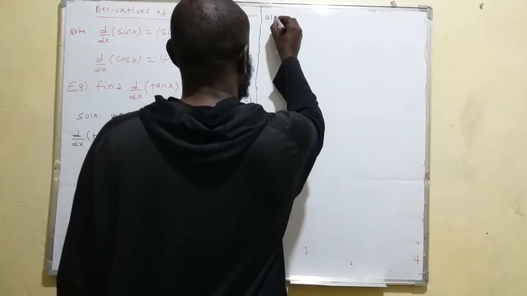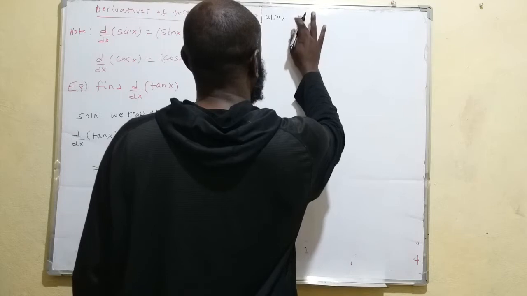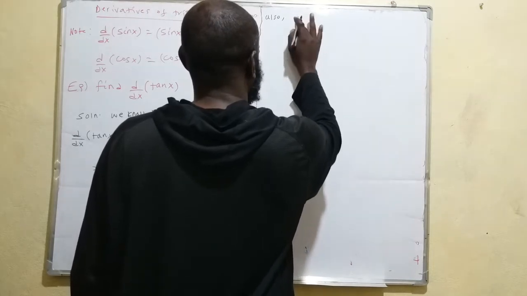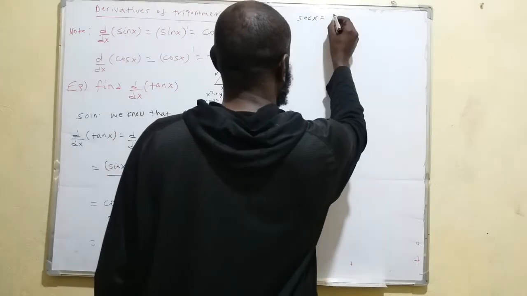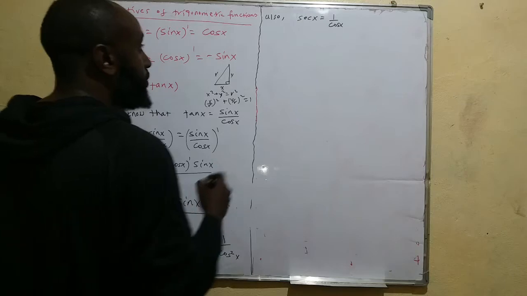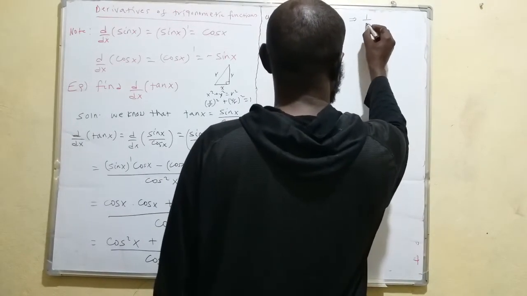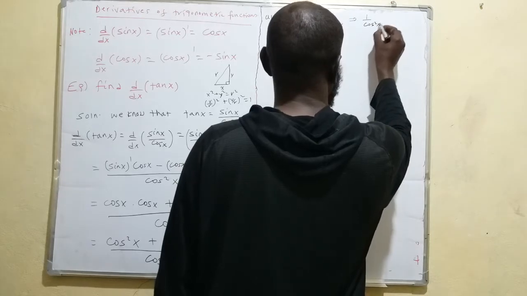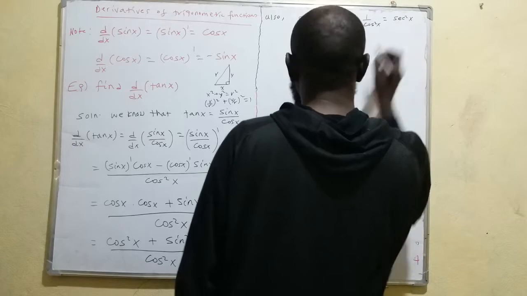Also, we know that sec x is equal to 1 over cos x. If you square this, 1 over cos square x is sec square x.